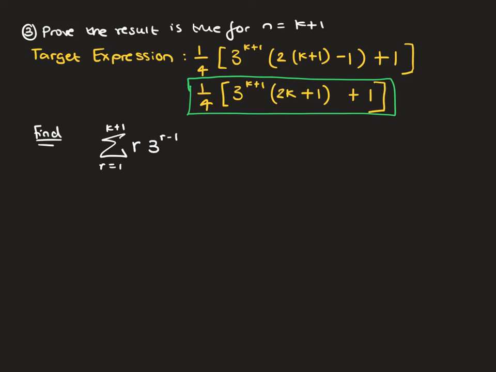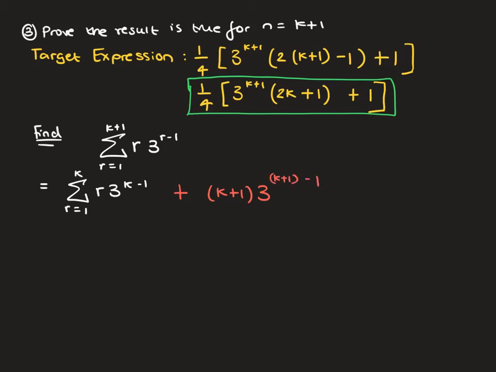So, of course, this is then equal to, as we know, the sum of the first k terms plus the k plus 1th term. So I can write down that this is equal to this plus (k plus 1) 3 to the k plus 1 minus 1.